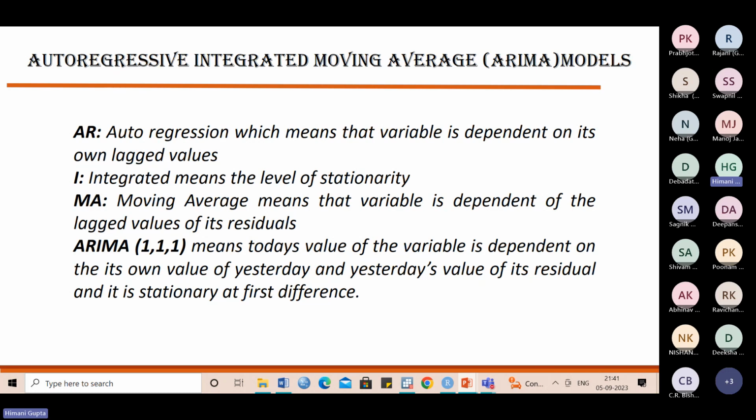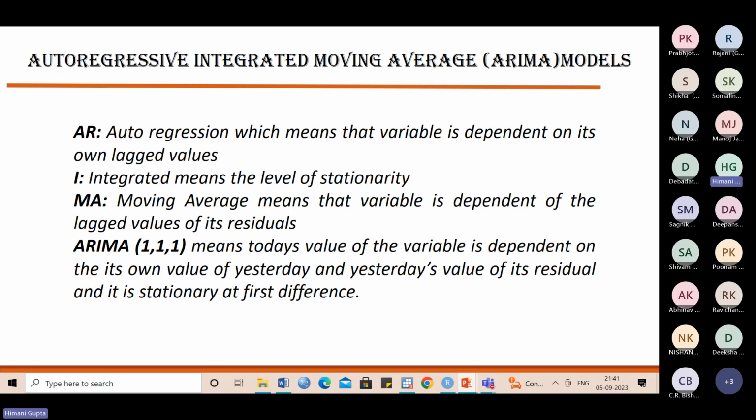But do remember, it depends on which data you are studying, that means on which data analysis is done. If you are working on the price data, you will always say integrated at 1. If you are working on a return series data, you will always say integrated at level.